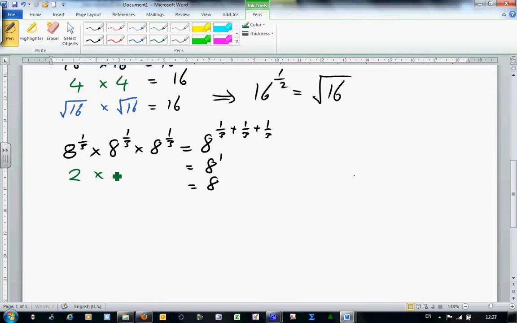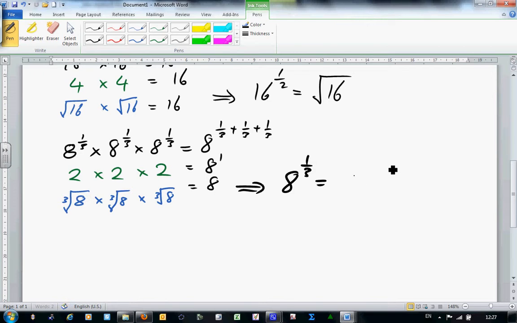So the cube root of 8 times the cube root of 8 times the cube root of 8 must also be 8. Try that on your calculator. Have a play. We've now got a result here: 8 to the 1/3 is equal to the cube root of 8.